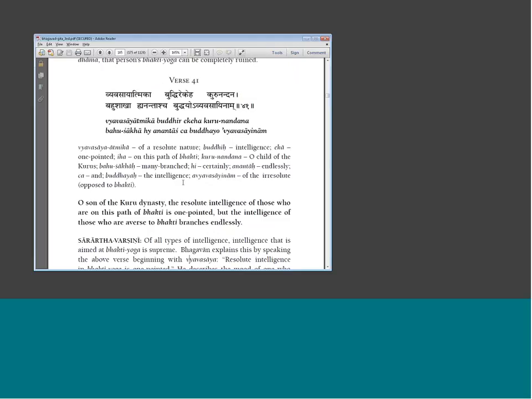Again, this is referring specifically to Buddhi Yoga or Bhakti Yoga. It does apply in general to yoga practice. And it's a very memorable verse, because think about this. This is a verse about the necessity of being one-pointed, of being resolute, of having a goal.